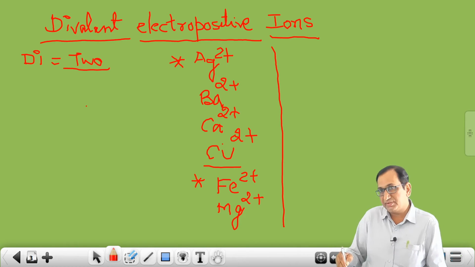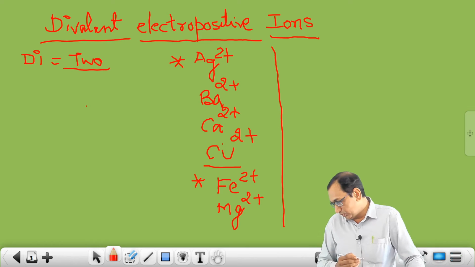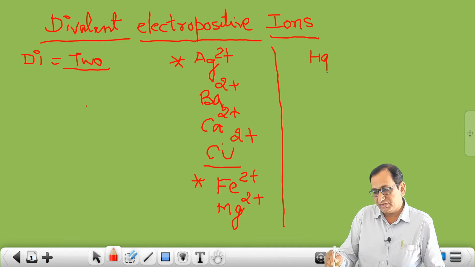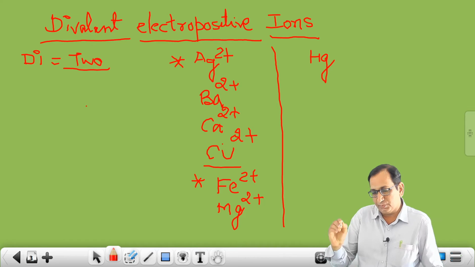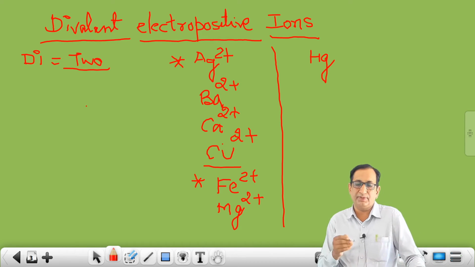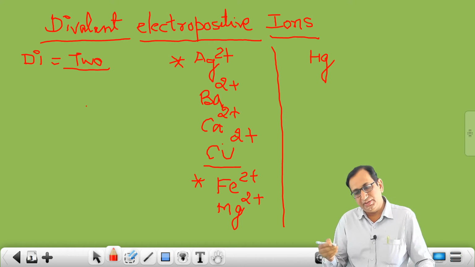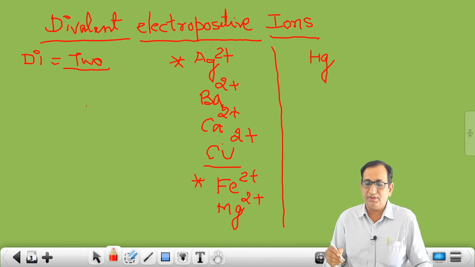After that students, one more, that is mercury. In the first case, monovalent electropositive, I told you about mercury. Here in divalent electropositive ions there is also mercury.